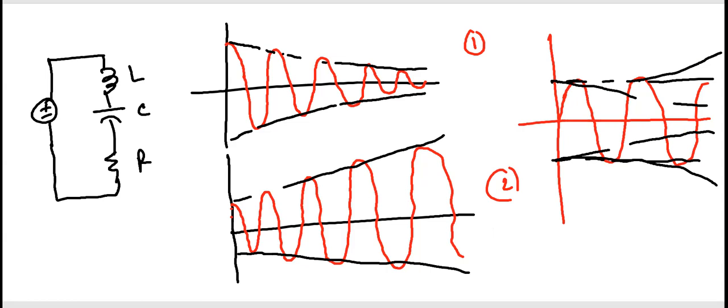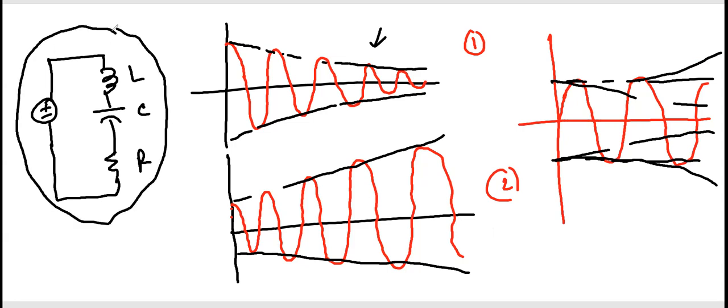Okay, so now according to the Fourier transform, we can only understand what kind of frequency this circuit generates. That means in the red line, case number one, what is the frequency of this sinusoidal signal? You can find it by what? If this signal is x(t), then x(t) is multiplied with e to the power minus j omega t.